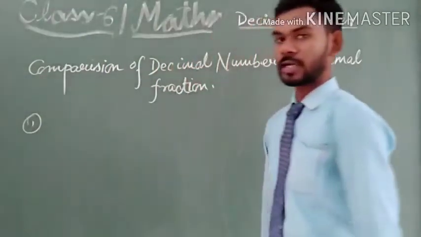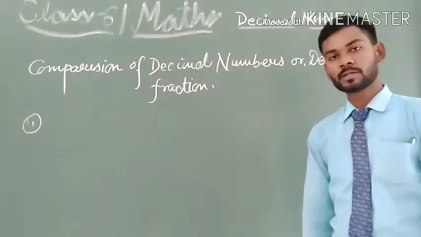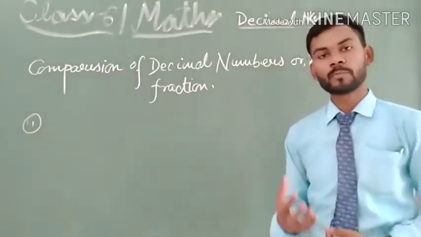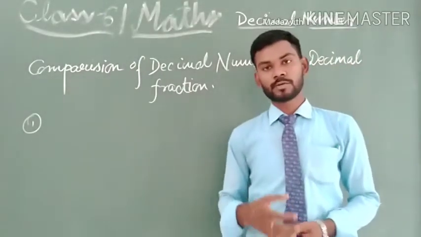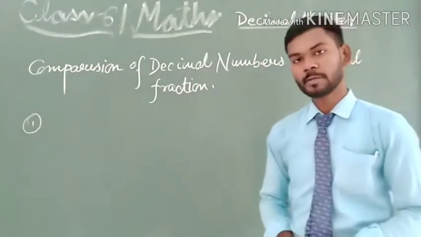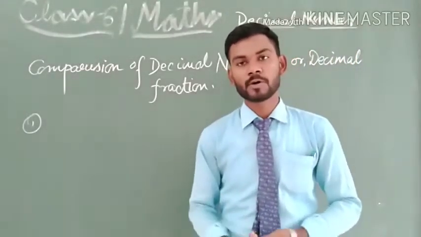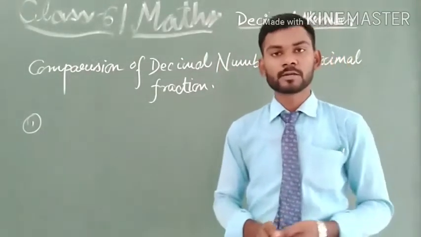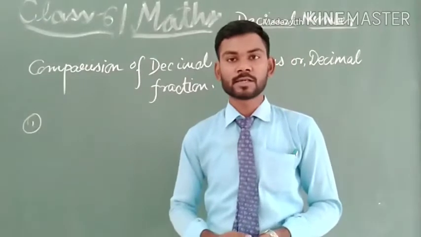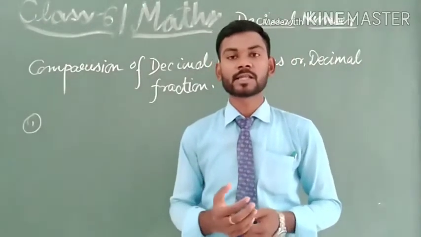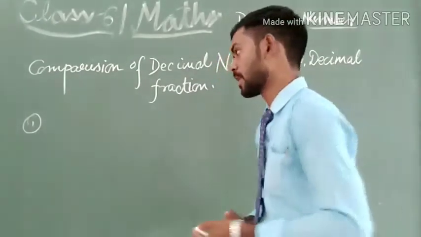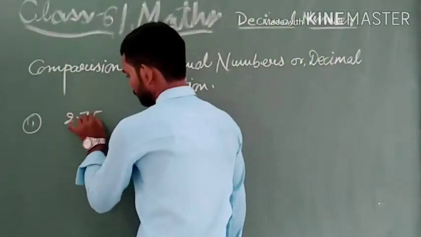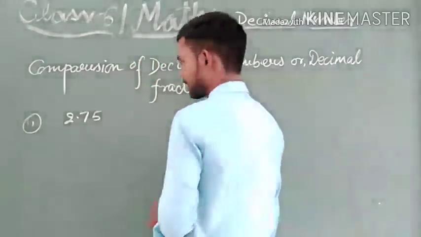The first thing is that whenever we compare two decimal numbers, we see the whole part of the number. If the whole part of a number is greater than the whole part of the other decimal number, then we say that the first number is greater than the other.